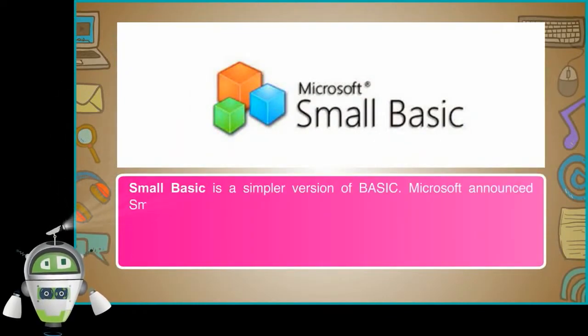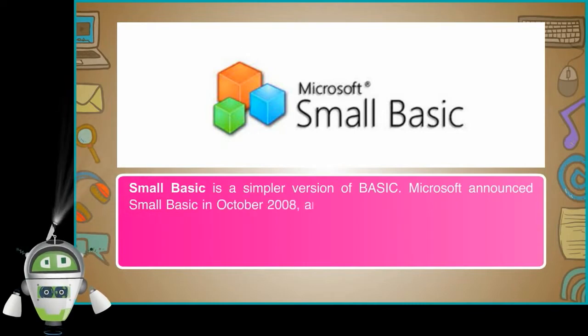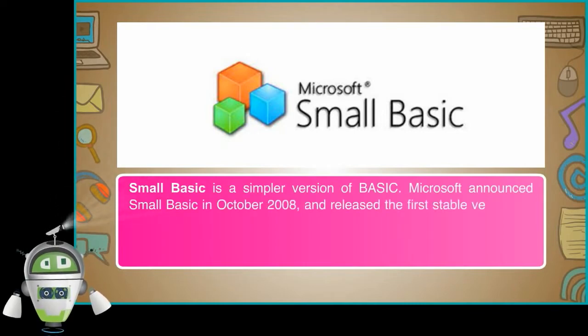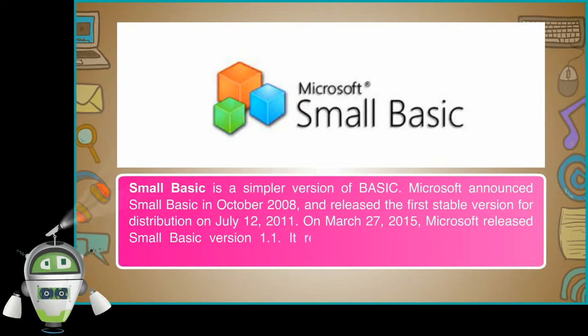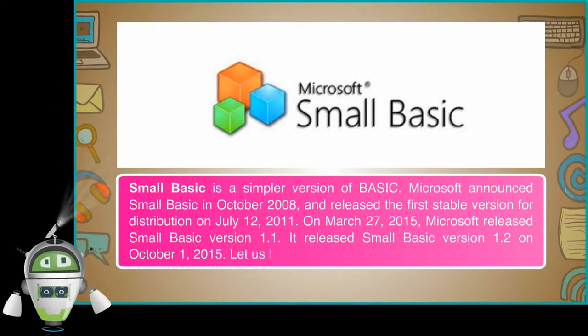Microsoft announced Small Basic in October 2008 and released the first stable version for distribution on July 12, 2011. On March 27, 2015, Microsoft released Small Basic version 1.1. It released Small Basic version 1.2 on October 1, 2015. Let us learn this version.